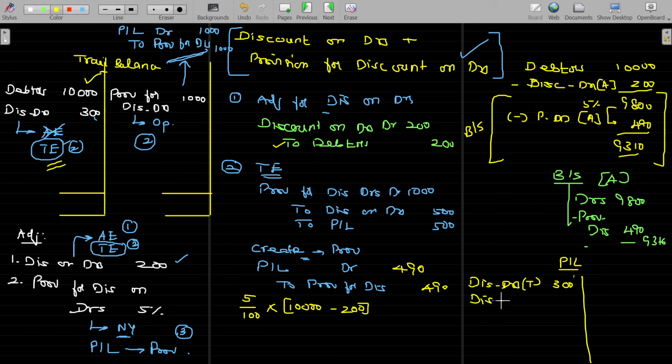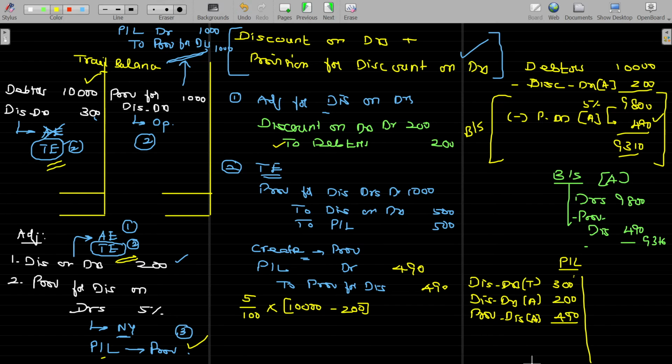Discount on debtors given in the adjustment is also transferable to the P&L account, which is 200 rupees. And we are supposed to create a provision for the next year's requirement by charging the P&L account. So provision for discount on debtors given in the adjustment, meant for the next year, which is 490.